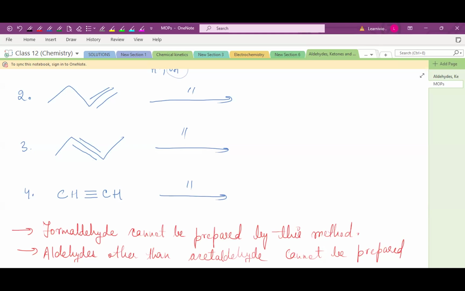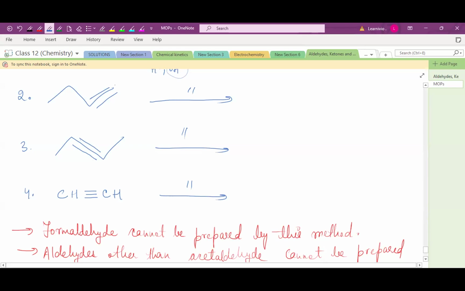Okay, so have you done these three questions? See, if in your exam they only ask you for the product, it's very simple. If they ask you to write only the product, there is no need to write the whole mechanism. This is your triple bond, your alkyne group.